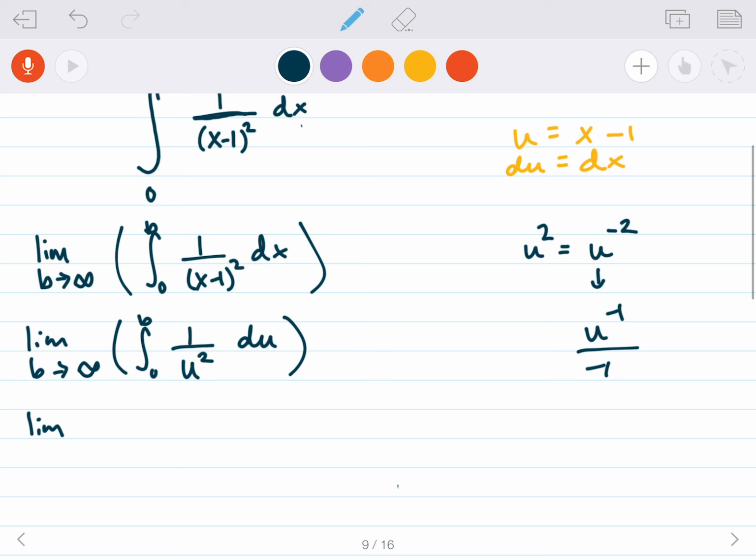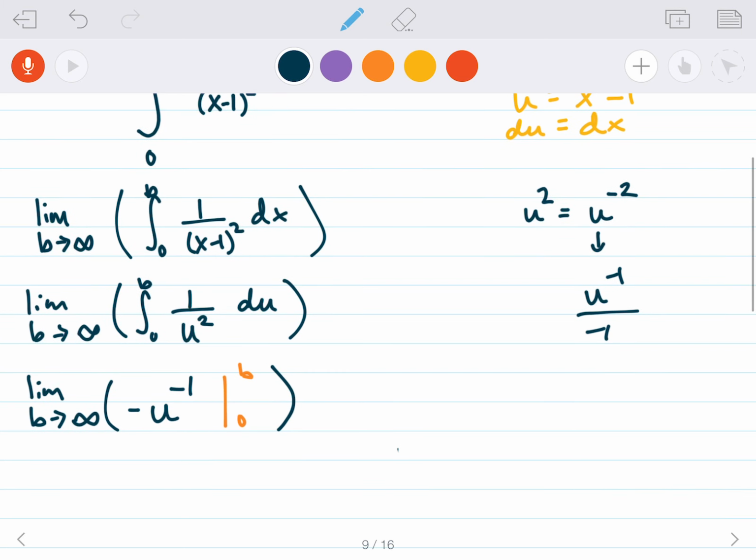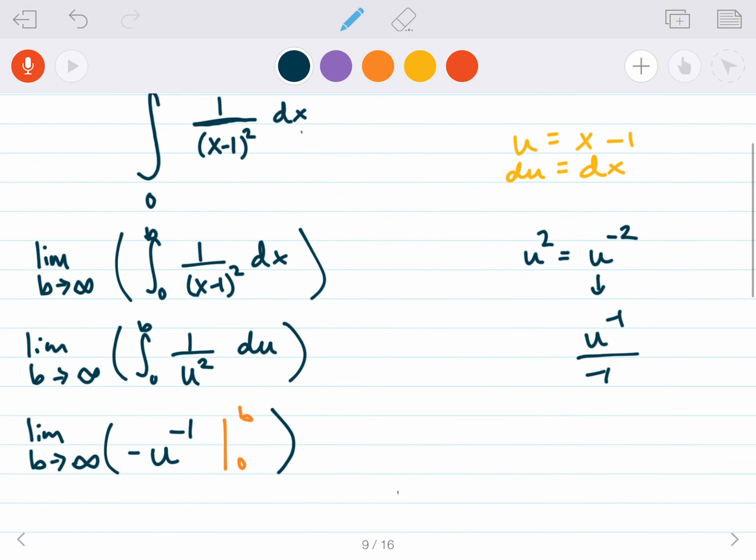So knowing that, we have negative u to the negative 1, and our lower bound is 0 and our upper bound is b. Let's go ahead and plug in u. So u is equal to x minus 1. So actually, negative u to the negative 1 is just the same thing as negative 1 over u.